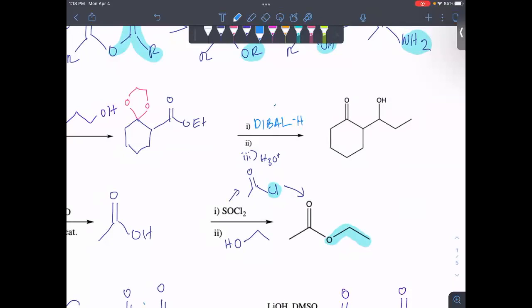So after DIBAL, we get this molecule. So we have an aldehyde. Now, if we do a Grignard to an aldehyde, we will get a secondary alcohol because there's no leaving group.